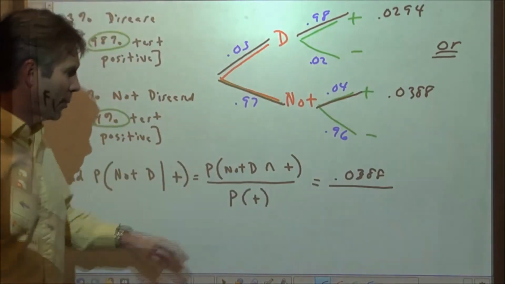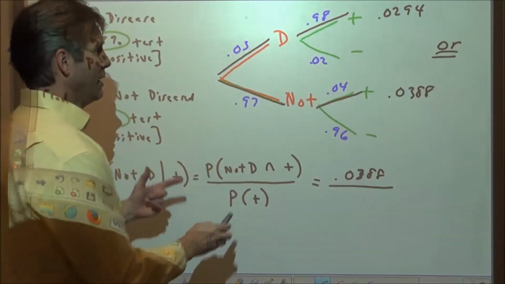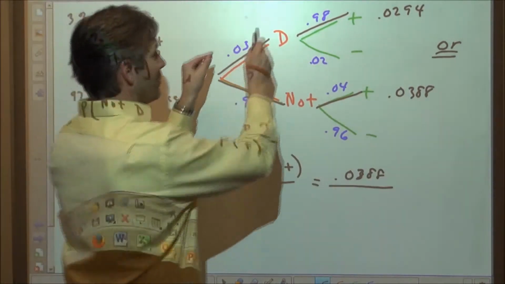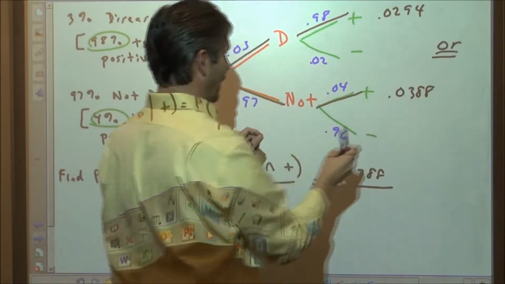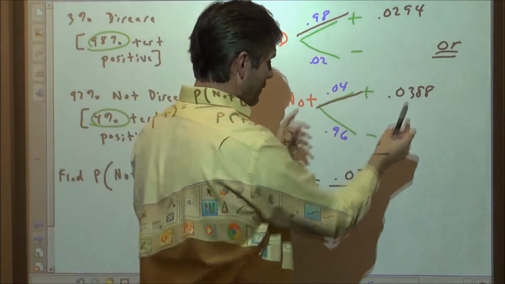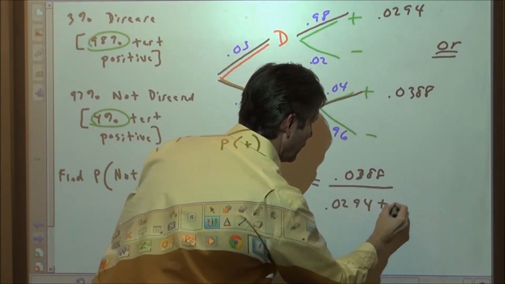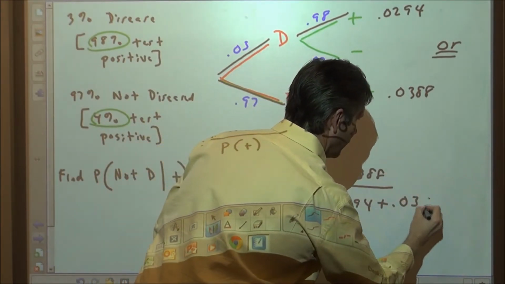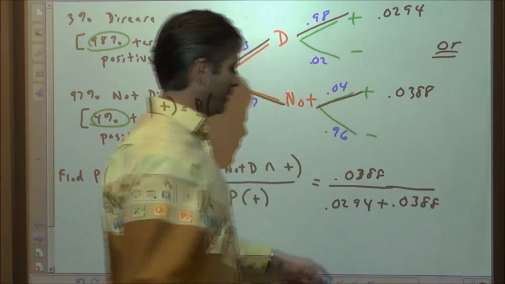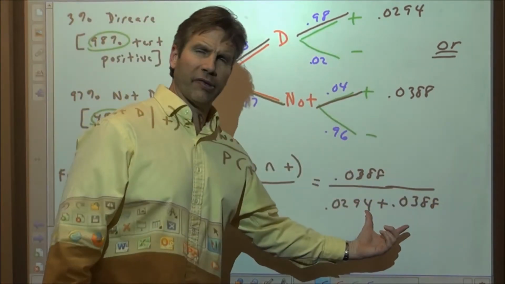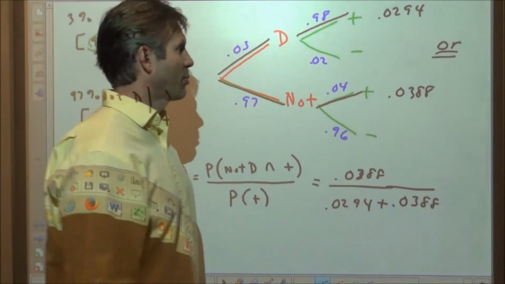So the total probability of testing positive is disease and positive, or add to this this times this. If we take this divided by the total probability that somebody tests positive, that's our conditional probability.